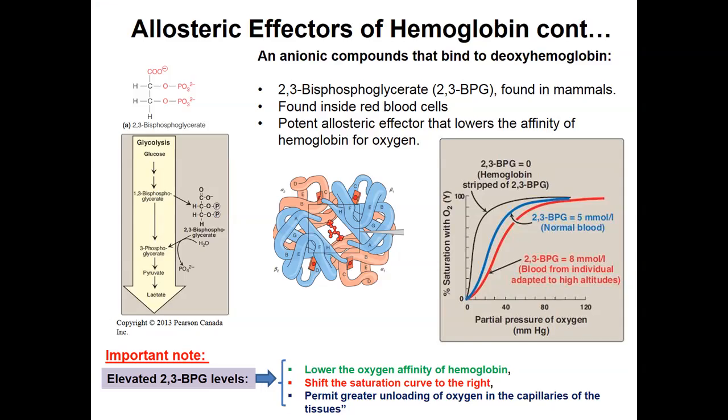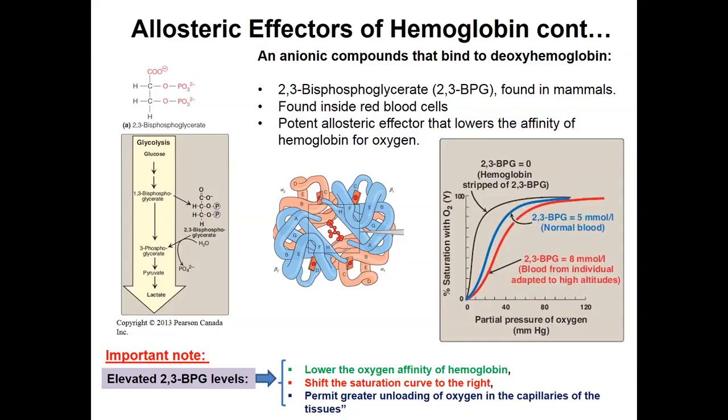Okay. All right. So now we're going to talk about more allosteric regulators. It's called BPG, 2,3-bisphosphoglycerate. So BPG is a negative regulator of hemoglobin binding to oxygen. As you see here, this is a normal BPG level.